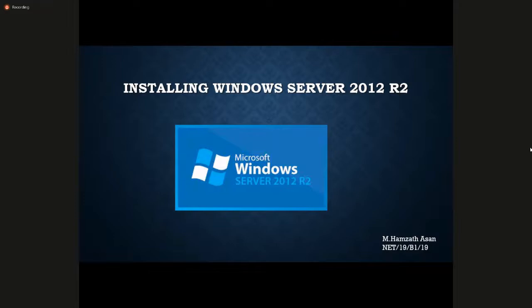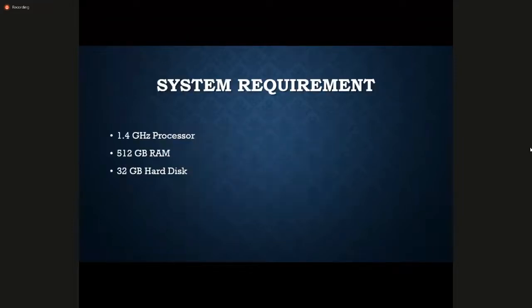I'm going to present how I installed Windows Server 2012 R2 on my Oracle VirtualBox. First of all, we need to download the ISO file from the official site, and here you can see the minimum system requirements for the installation of the 2012 R2 server.